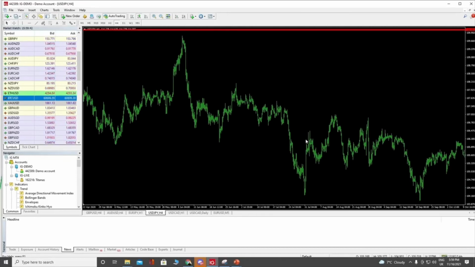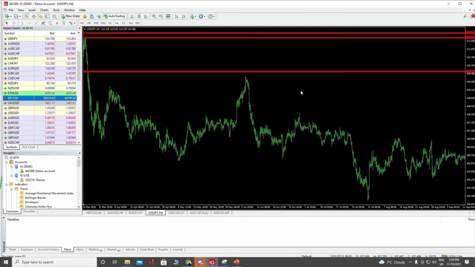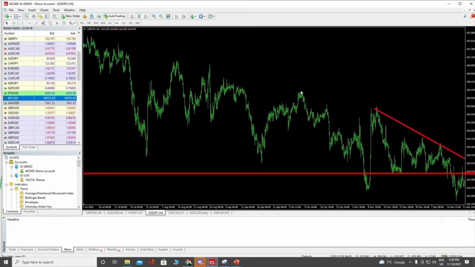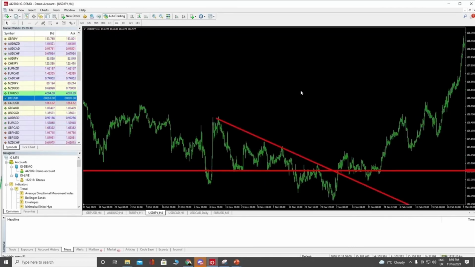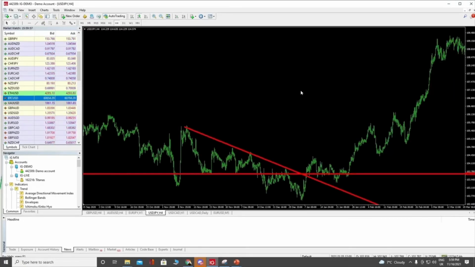It's full of these triangles, and they are very easy to identify, which is a misconception. Keep in mind, this is not only in trading, this is in general.